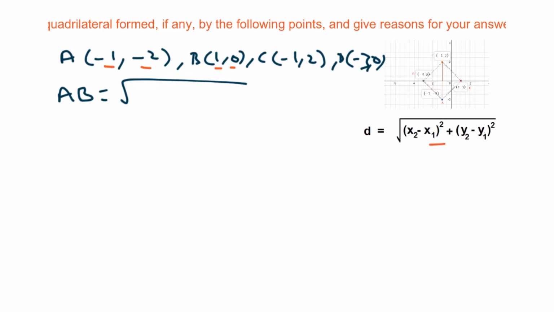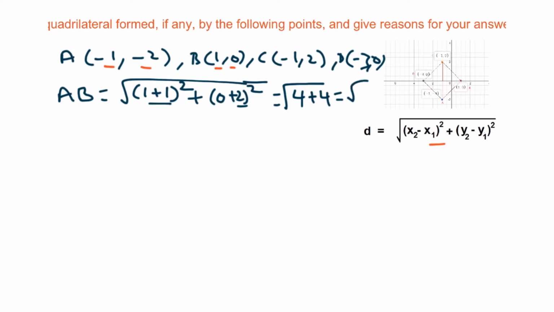So we substitute in this formula. Then we will get (1 minus of minus 1) whole square plus (0 plus 2) whole square. So 1 plus 1 is 2, 2 square is 4 and 2 square is 4. So we will write this as root 8, or we can also write it as 2 root 2.